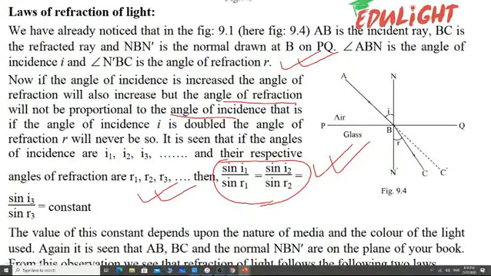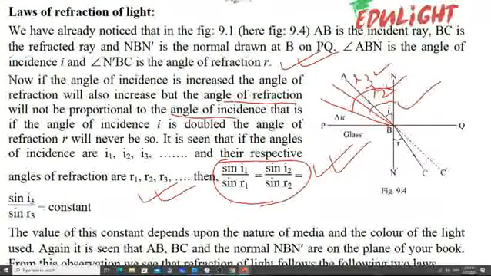What is happening here is that on increasing the incident angle, suppose I have increased the incident angle to this, let's say it is I1, then I2, and then I have further increased my incident angle, let me call this I3. For these three incident angles we will naturally get three refracted angles, increasing gradually.